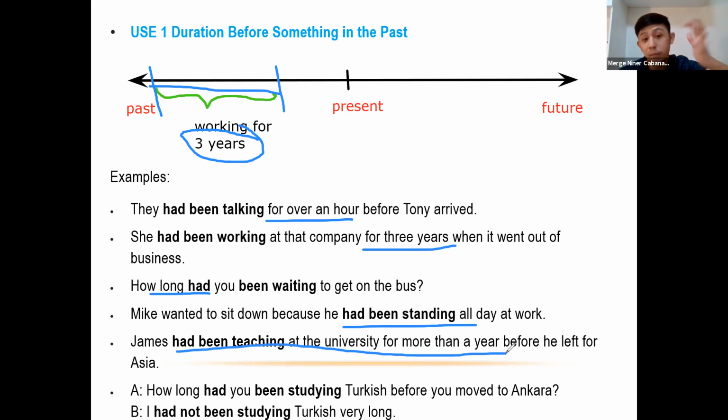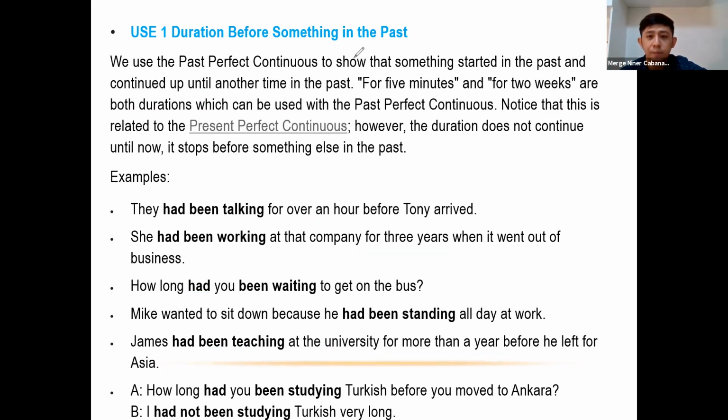Okay, which means that the action started in the past. There's a duration, the focus of the discussion, and it already got finished because of an interruption. So that is the idea of this tense, the idea of your past perfect continuous tense. All right.